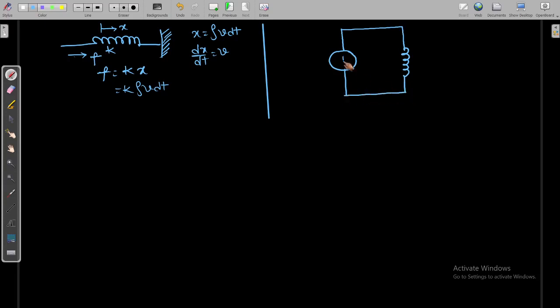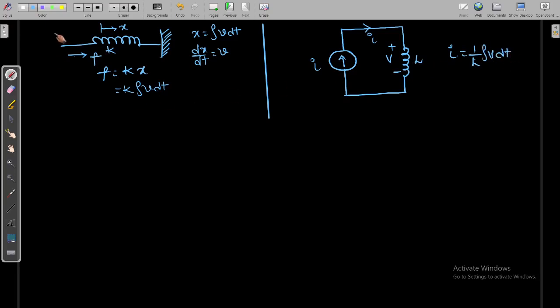If you observe, the current source is connected to the inductor, current starts flowing, and some voltage is induced across this inductor. We can say I is equal to 1 by L integral v dt.